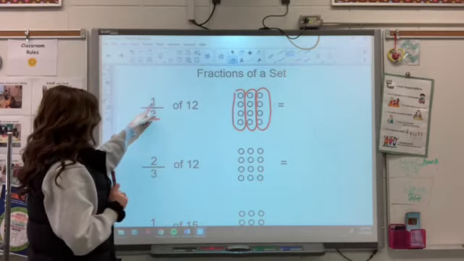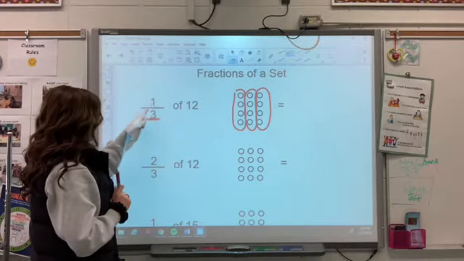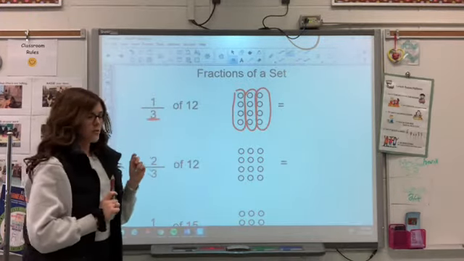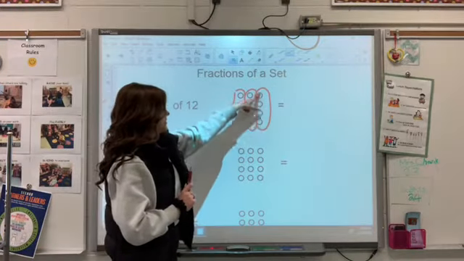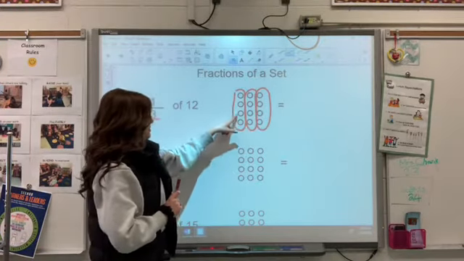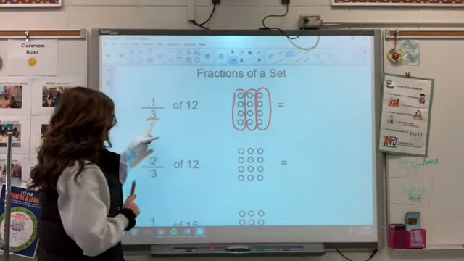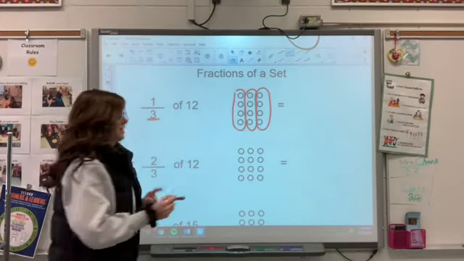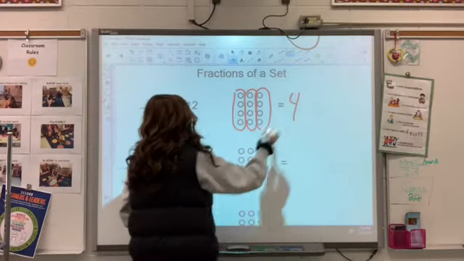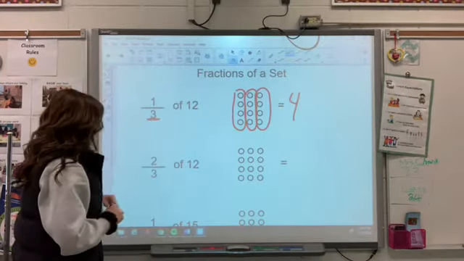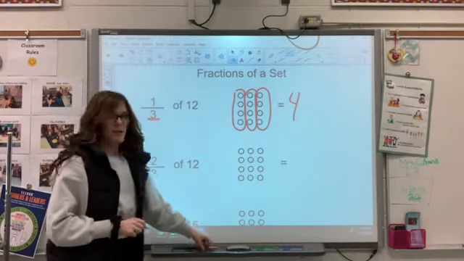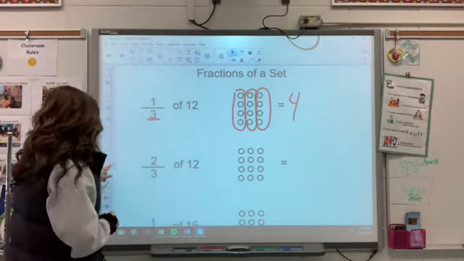I want to know how many circles are in one of those 3 groups, or 1/3. So right here I have 1 group, 2 groups, 3 groups. There's actually 1, 2, 3, 4 circles in one group, okay? So the answer would be 4. In 1/3 of 12, there are 4 circles, okay? If you're confused, it's okay. It will get easier, I promise.